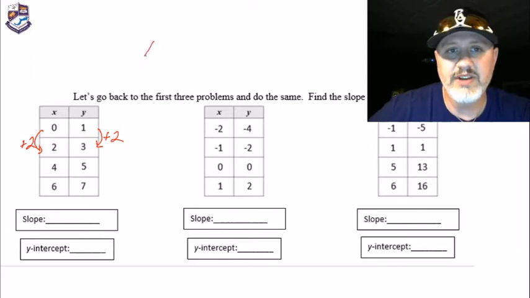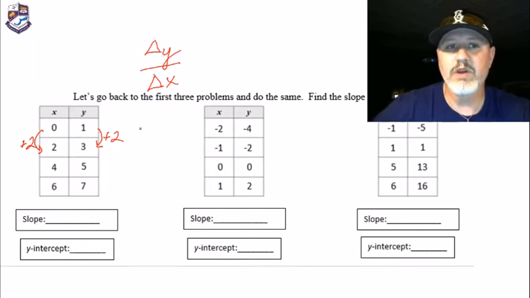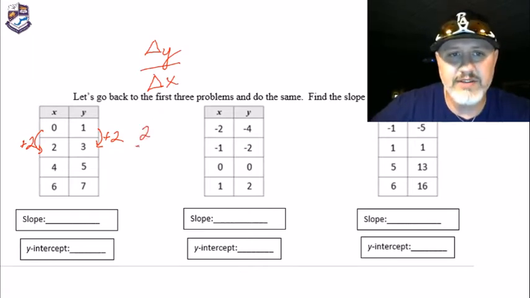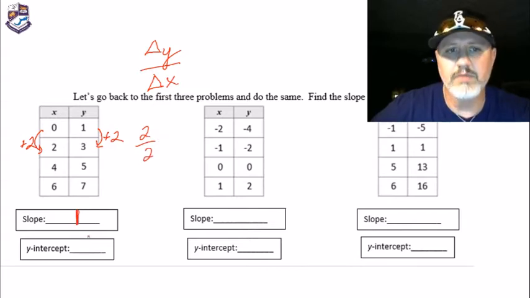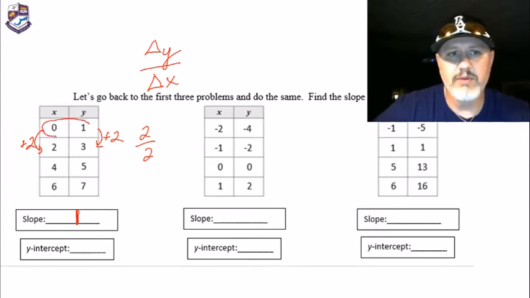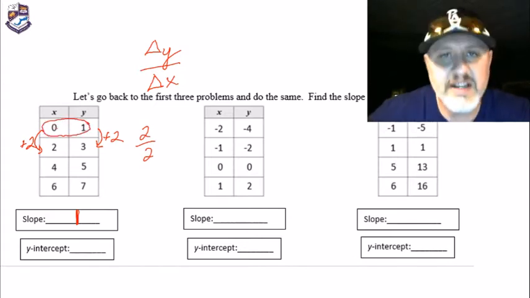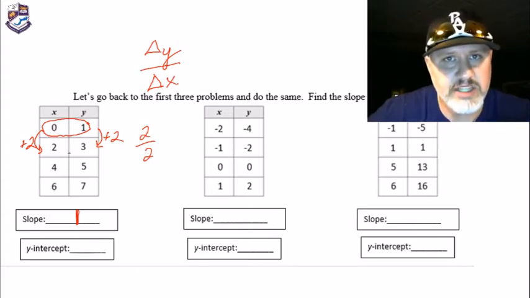So the difference in the y's, remember that's called delta y, over the difference in the x's: the difference in the y's was 2, the difference in the x's was 2, that means the slope was 1. Okay? And the y-intercept, well, remember when we first started? When x is 0, that's where it crosses paths with y. So the y-intercept is 1.